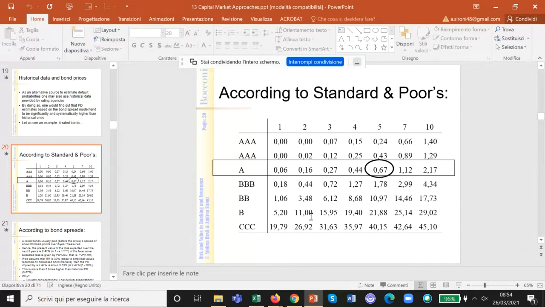These tables get updated every year, so they may change over time, but generally speaking, we could say approximately the probability of default for a single A borrower, which is a very good credit quality, in 5 years' time is 0.67%. How is this computed? Very simply, they take all the borrowers with a single A rating and they monitor them over time, and they see that after 5 years, 0.67% of them actually default.